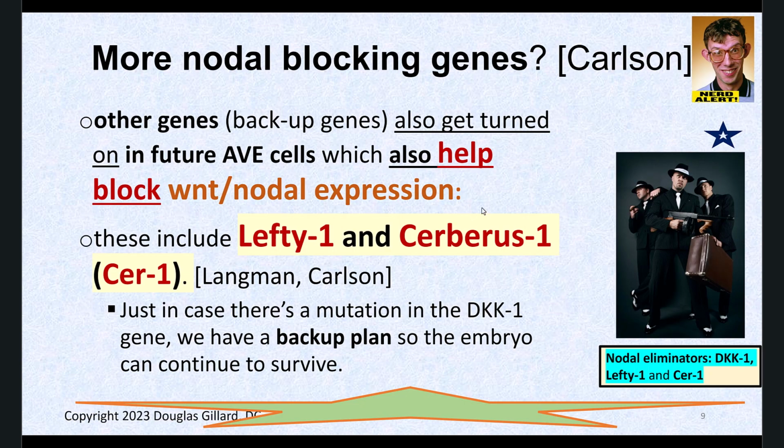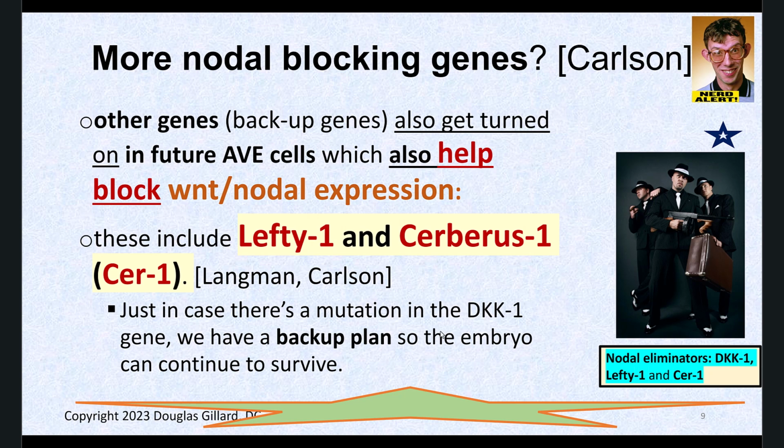It's so important that there are 2 other genes that will also do the same thing, just in case you have a mutation in the Dickkopf-1 gene. These genes will work as well. These genes are Lefty-1, Cerberus-1, and DKK1. Sound like a tough crew, kind of like gangsters. But Lefty-1 and Cerberus-1 are kind of backup genes, and they can do the same thing.